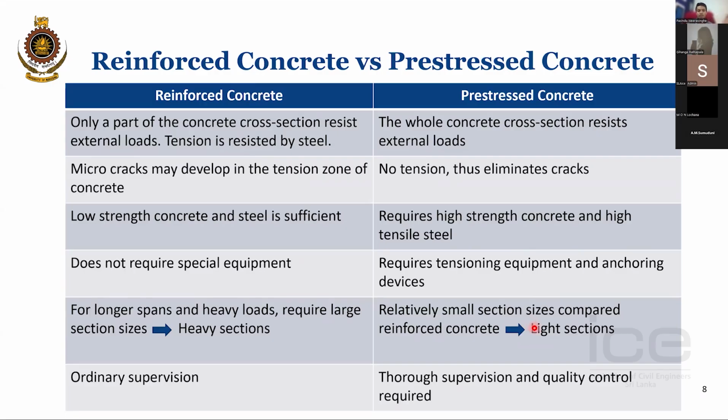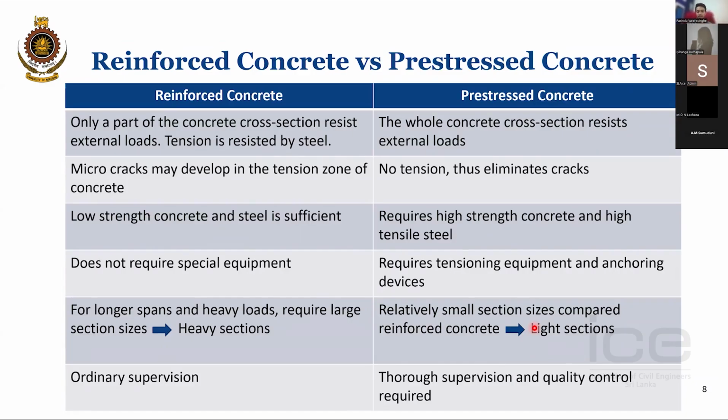So that is why when the span increases, it is always better to go for pre-stressed concrete. So in bridges we go for pre-stressed girders, whereas if you are using reinforced beams, the size of the bridge beam itself will be very high, and to carry the self weight, it will need more reinforcement.